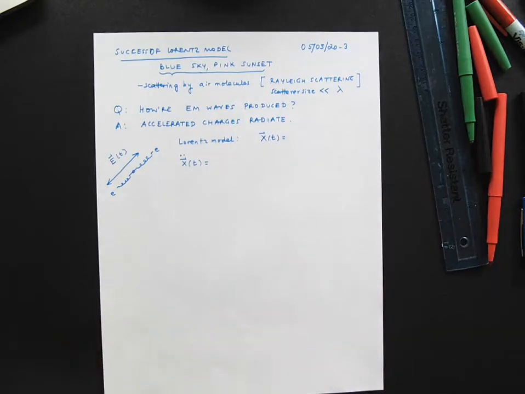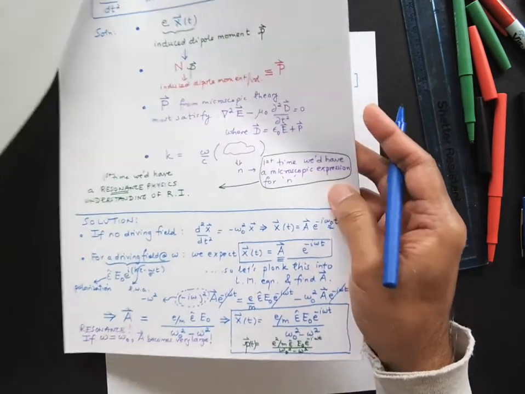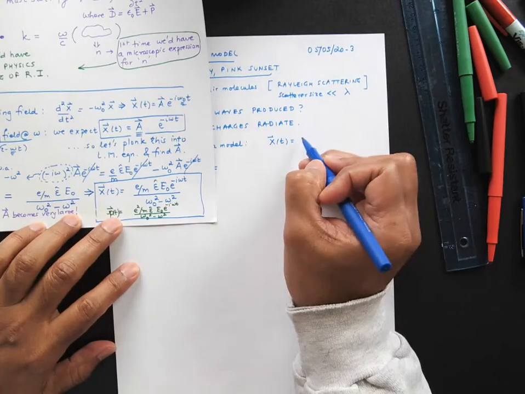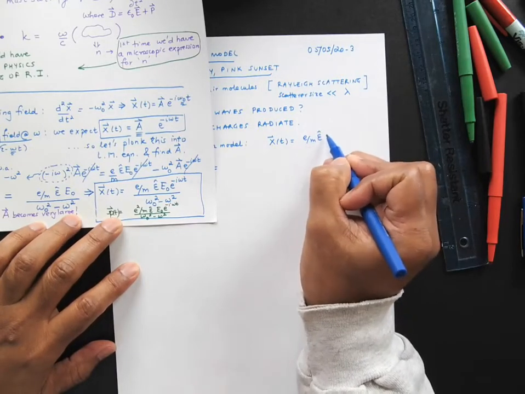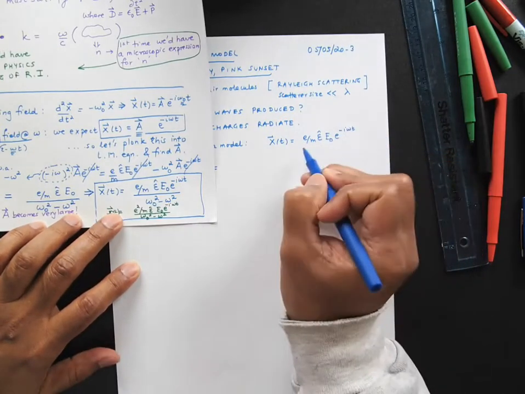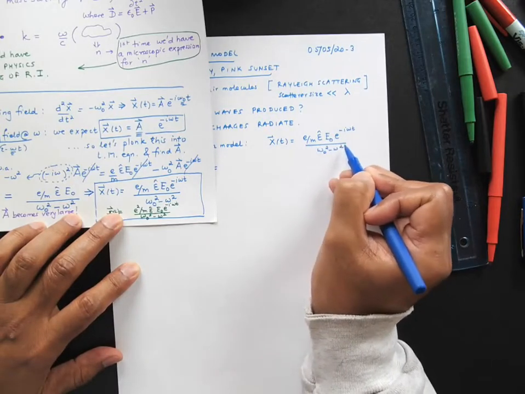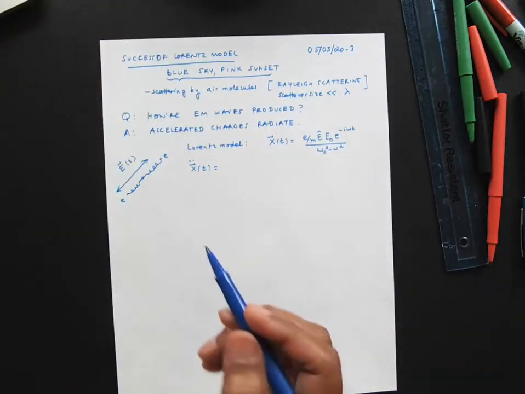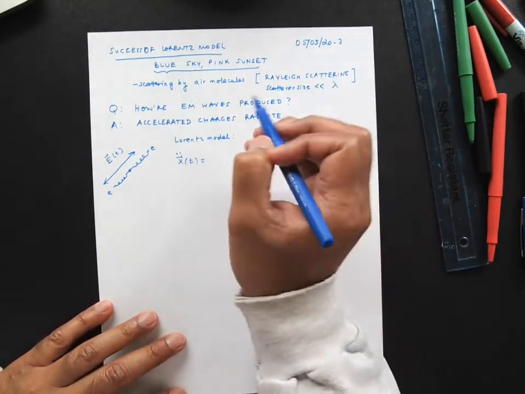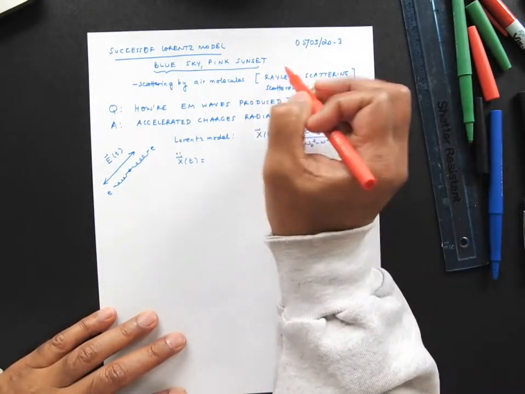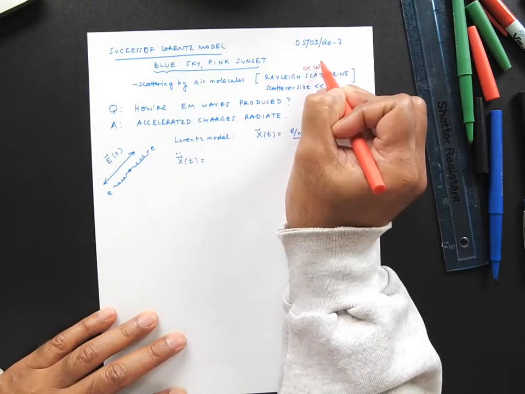What did we say it was? Here it is: the displacement for the electron is e over m, polarization, E naught, e to the, if the atom is located at the origin, there you go. We already wrote that out. The important point is that for Rayleigh scattering, the scattering is proportional to the fourth power of the frequency.